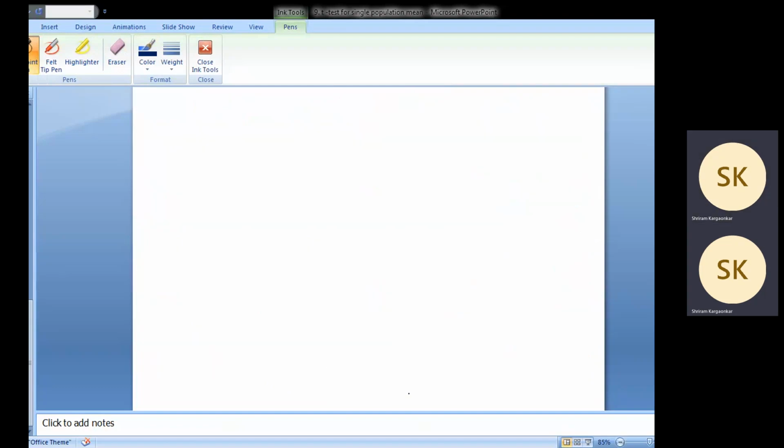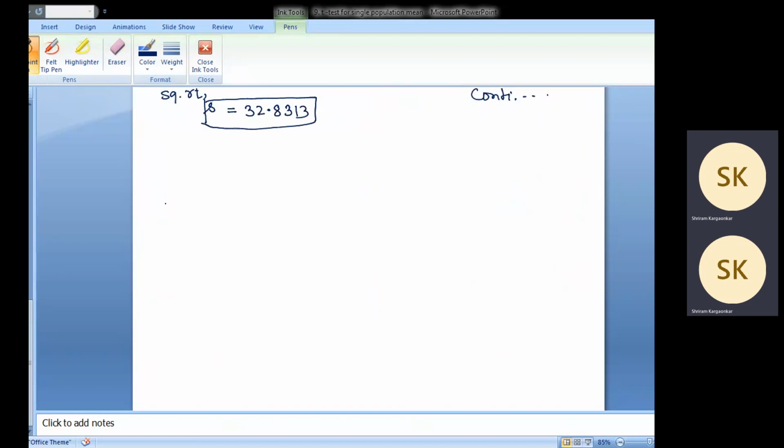So next page, continue. We want the sample mean, so let's take the square root. Taking the square root of that value, the sample mean square root is 32.8313. So this is the value.